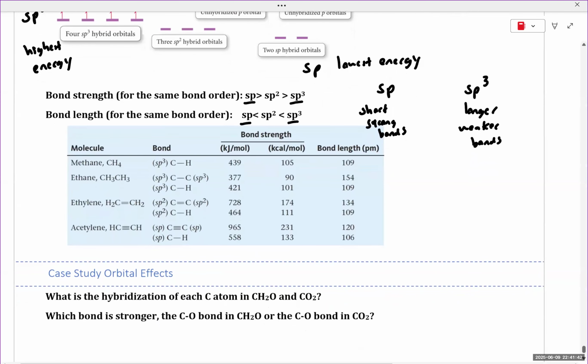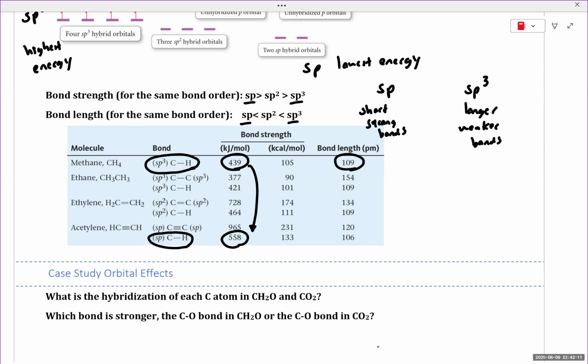For example, if we look at methane, ethane, ethylene, and acetylene, looking at the carbon-hydrogen bond, a carbon-hydrogen bond made with an sp3 orbital has this bond length and this bond strength. If we compare that to the carbon-hydrogen bond in acetylene, which is made with an sp carbon hybrid orbital, we see that the bond strength increases pretty dramatically as you move from an sp3 to sp hybrid orbital, and the bond length goes down a non-negligible amount.